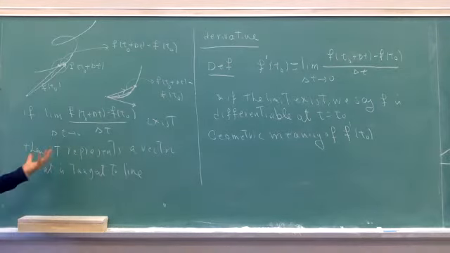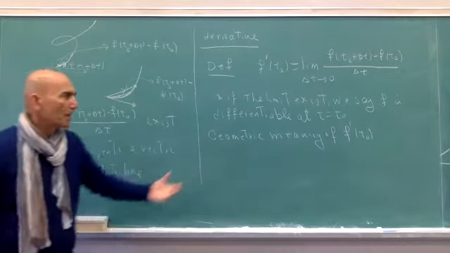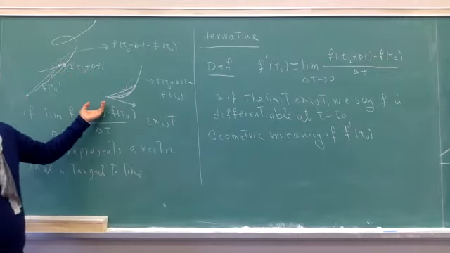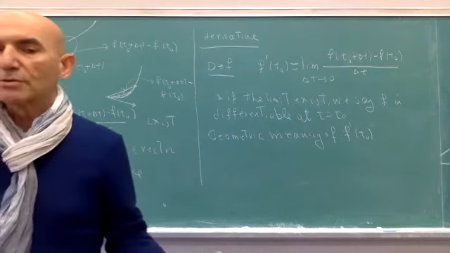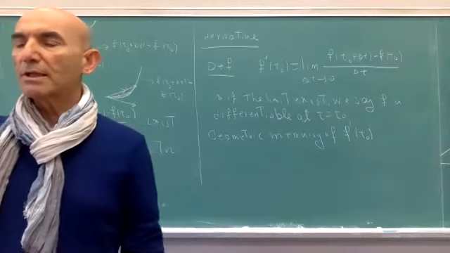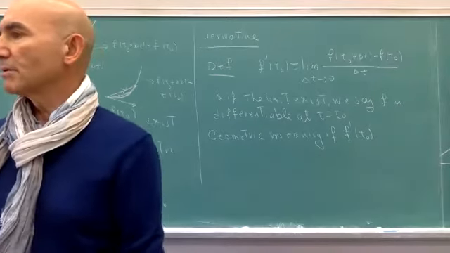So what does this discussion tell us? The discussion tells us that there are several concepts that are completely related. One of them is the idea of derivative. The other one is the idea of tangent line or tangent vector to the curve. Can you tell me another idea which is completely relevant here?